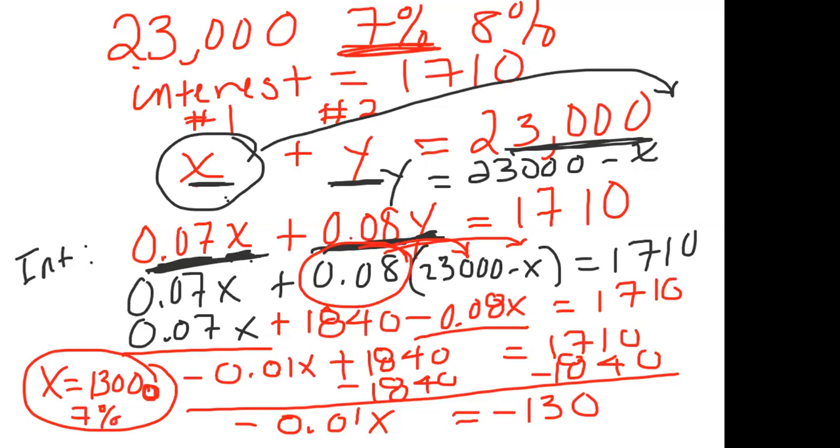So we had a total of 23,000. We invested 13,000 at 7%. So how much is left over to invest at the 8%? So we invested 13,000 at 7%. Is it 10,000? Right, 10,000 would be invested at 8%.